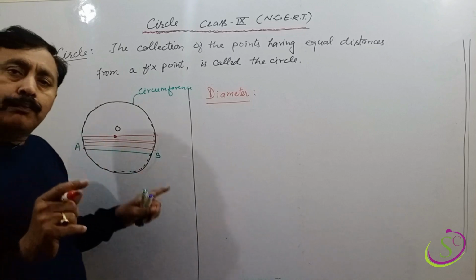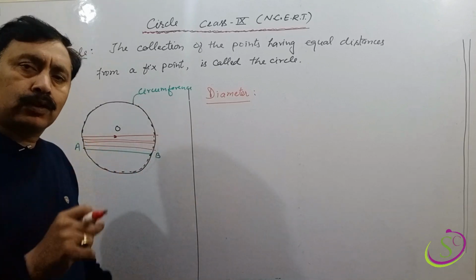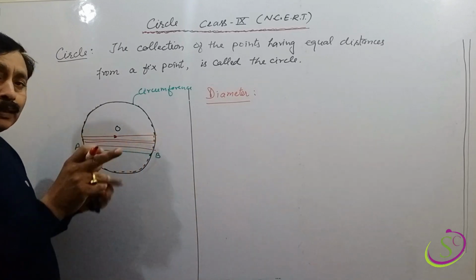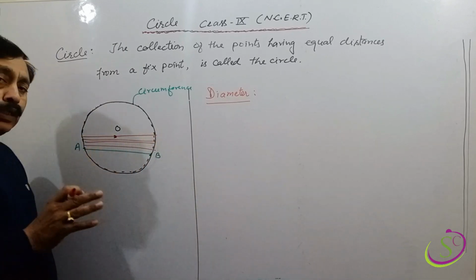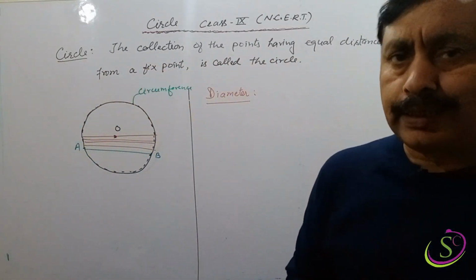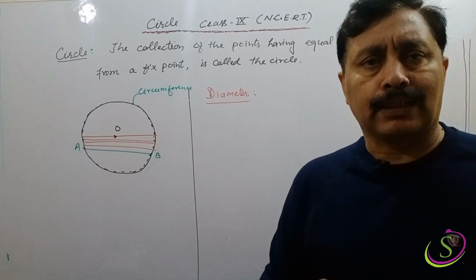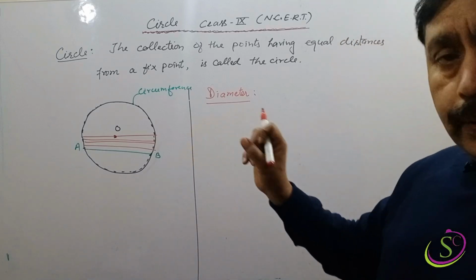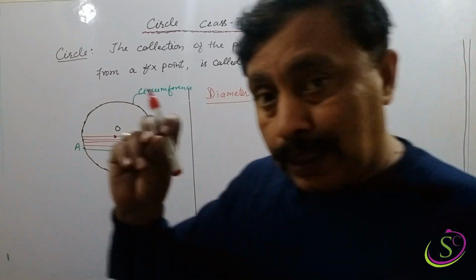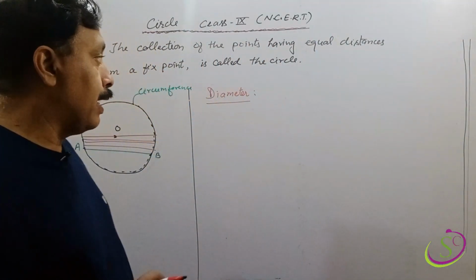Chord will pass through the center of circle. In this situation, chord will be the largest. Means the chord passing through the center of circle is the largest chord of the circle, and this largest chord of the circle which is passing through the center of circle is also known as diameter.